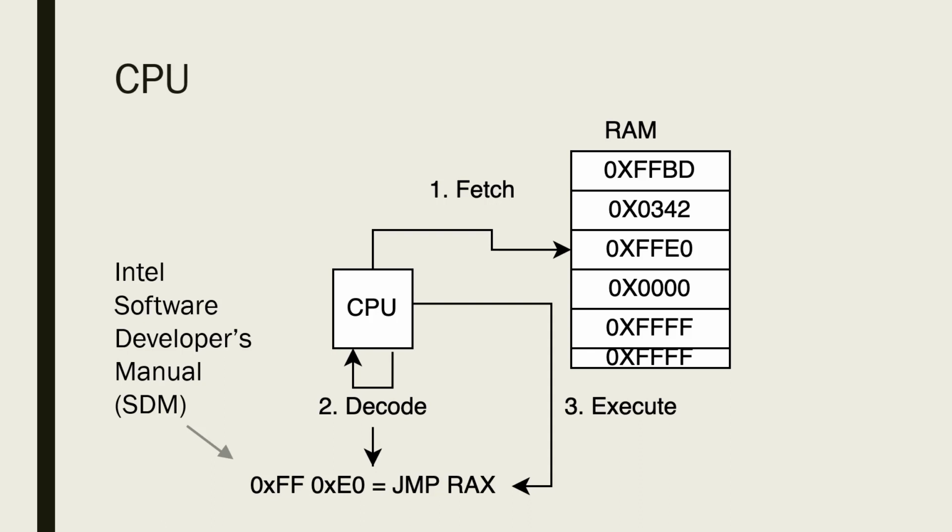So it's going to attempt to decode that binary into an instruction. In this case, we can see the CPU's fetching from some offset in RAM that contains the data 0xFFE0. And that's going to get decoded into the jump RAX command, and the CPU will then execute that instruction.